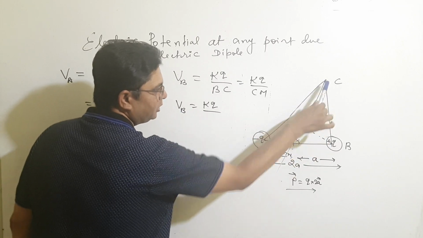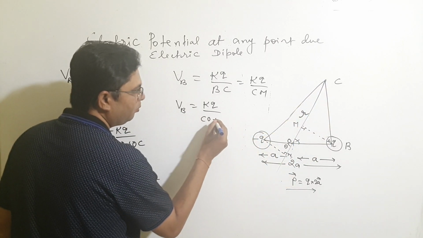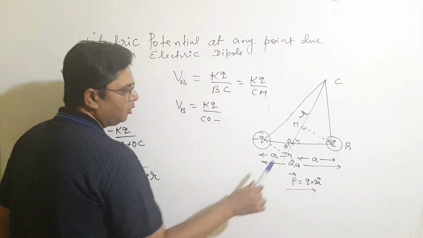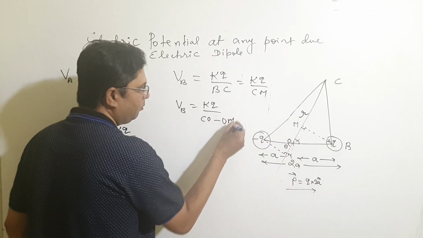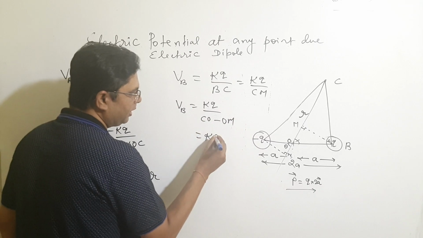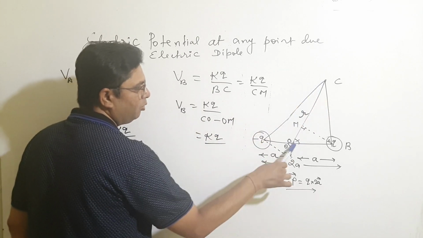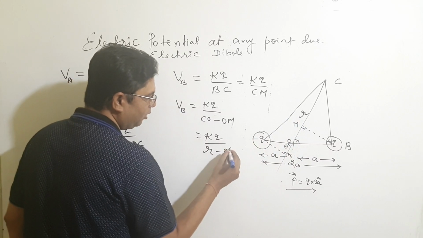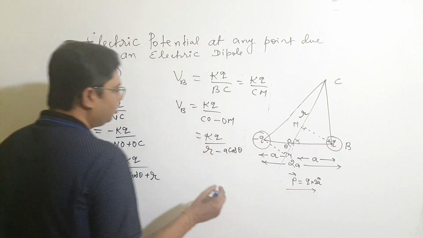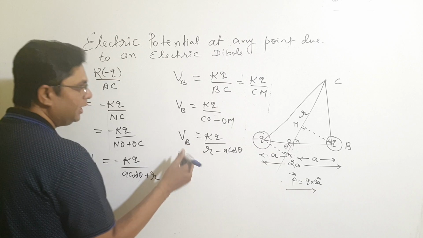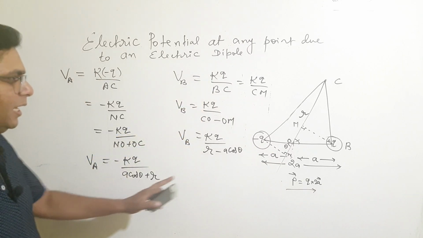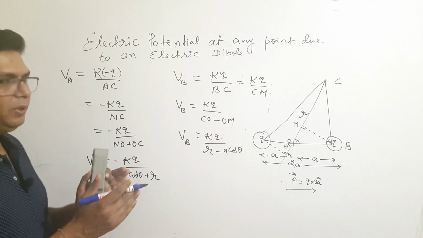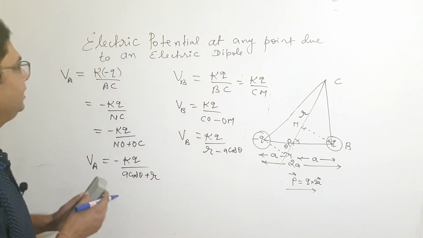CM means CO minus OM. This equals KQ upon R minus A cos theta, where CO is R and OM is A cos theta. The sum of the potentials at C due to charge at A and charge at B is the total potential at C.